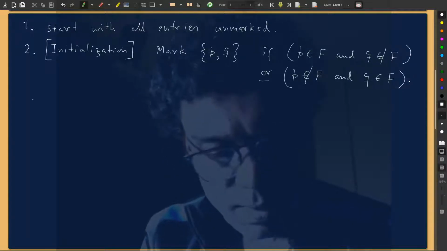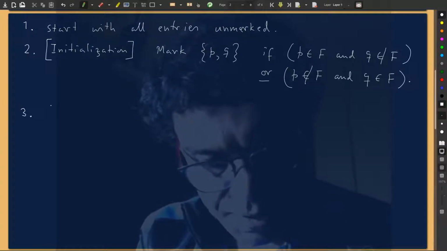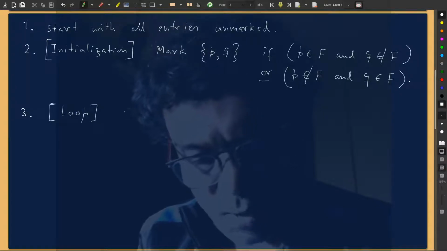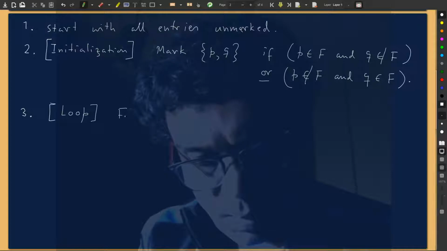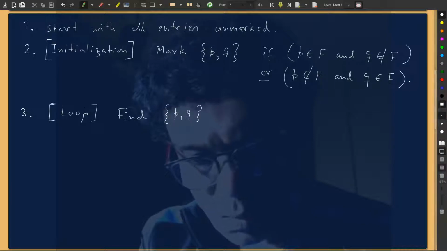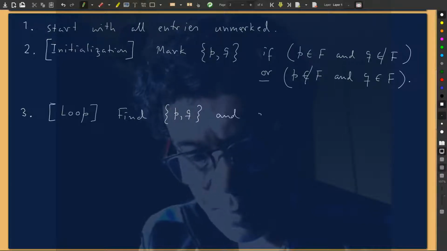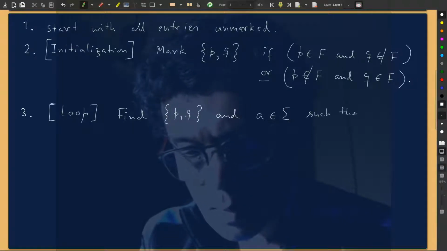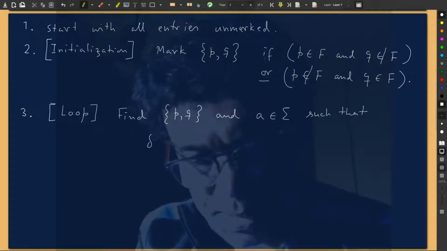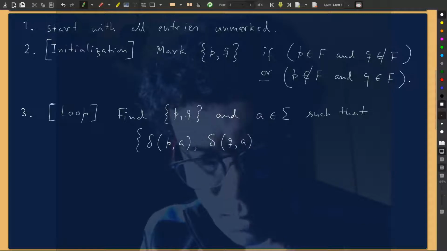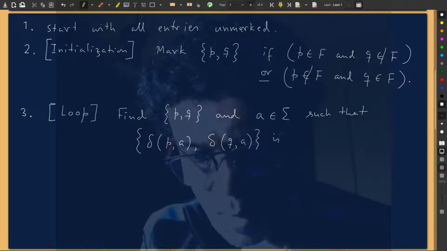Then we will enter a loop. We try to identify an unordered pair P comma Q, and some symbol A, such that the unordered pair delta PA and delta QA is marked.